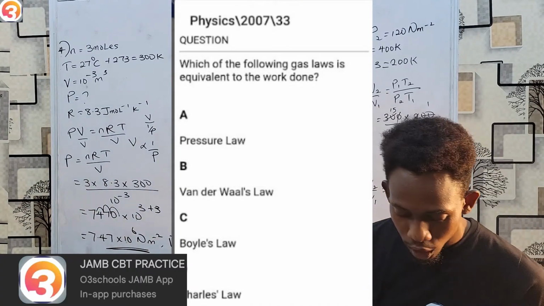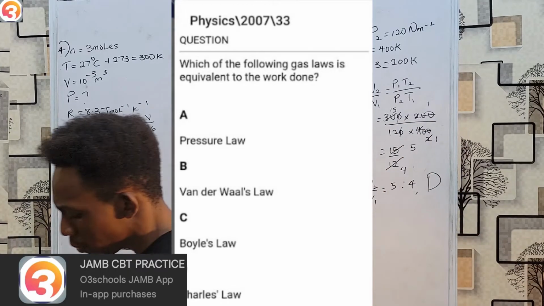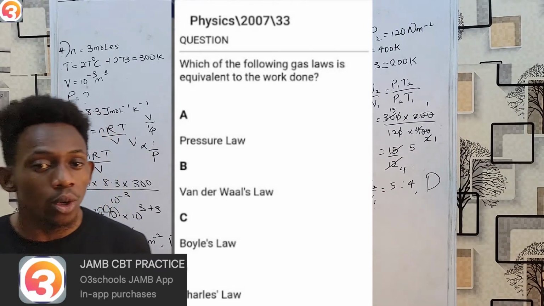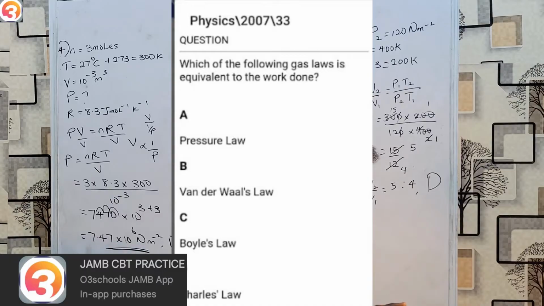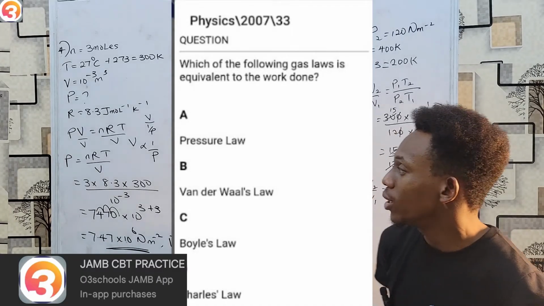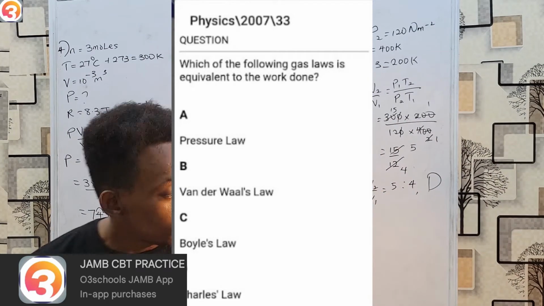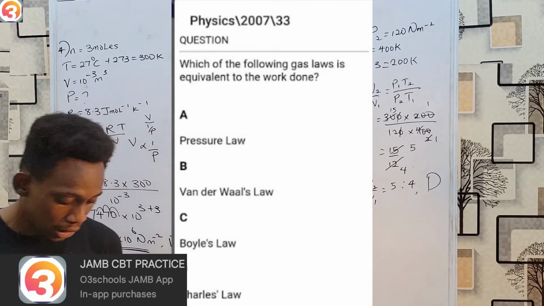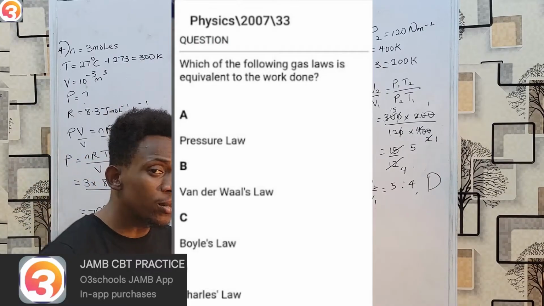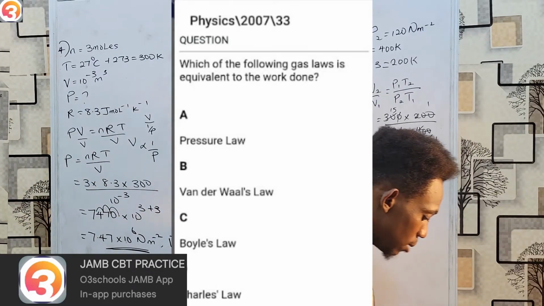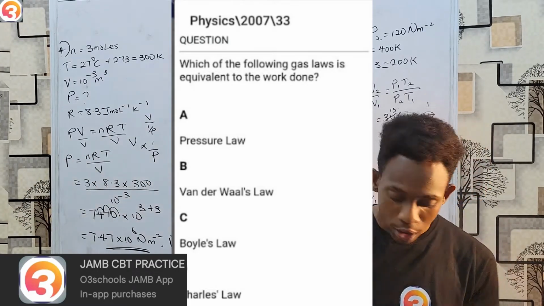A, pressure law, no. B, Van der Waals law, no. C, Boyle's law, yes. D, Charles' law, no. Work is pressure times volume. So again, my answer is Boyle's law, but now it is option C. So just keep the logic going. That's all you need.